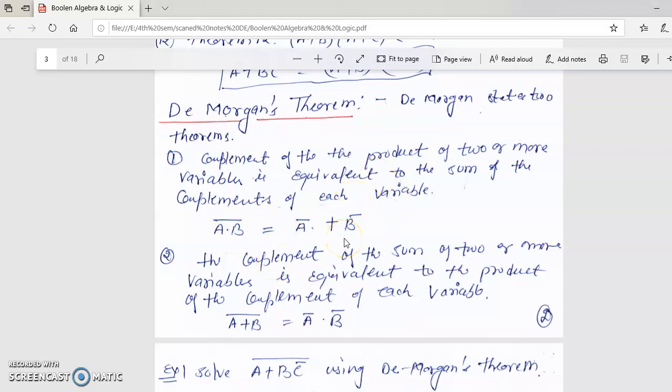Okay students, clear? यदि a dot b का whole bar है, then we can write it in the form of the complement of each variable in the summation, a bar plus b bar.